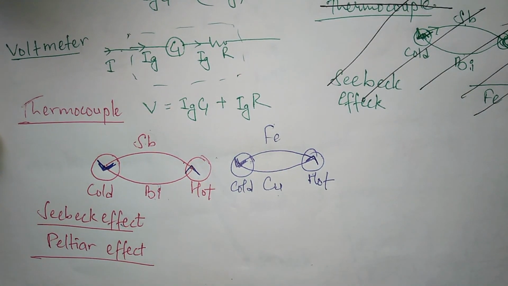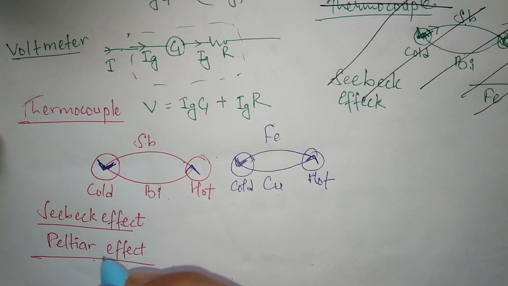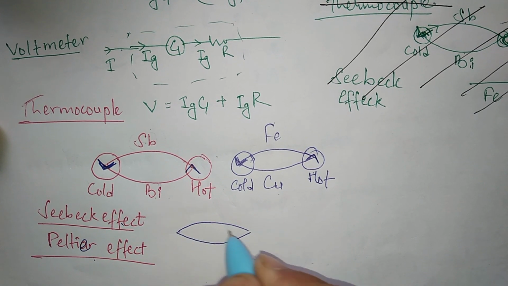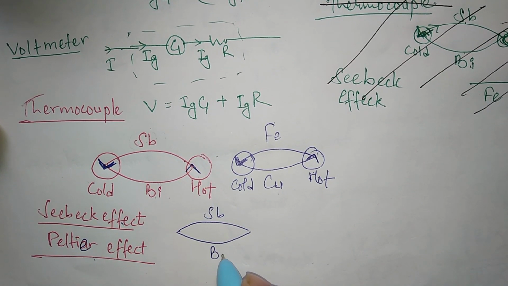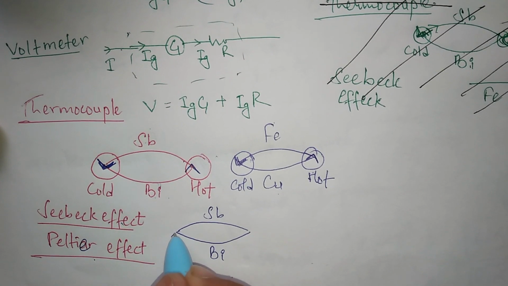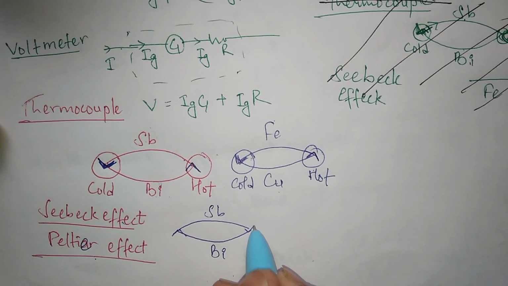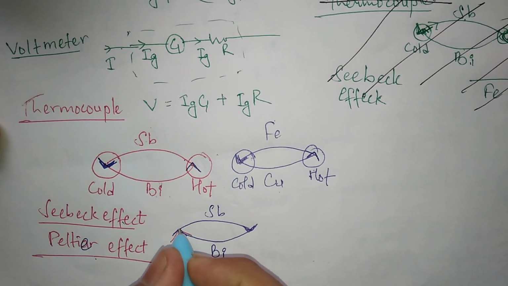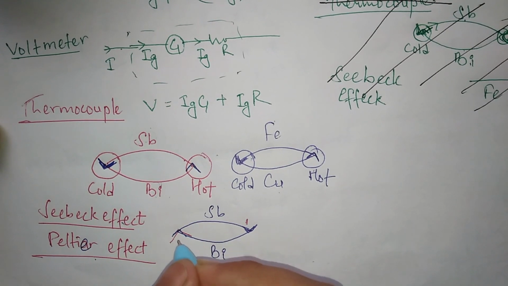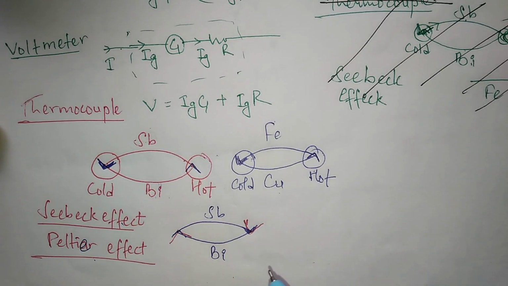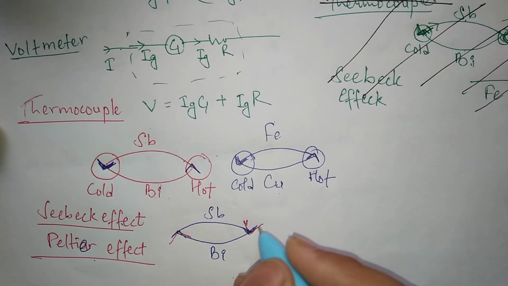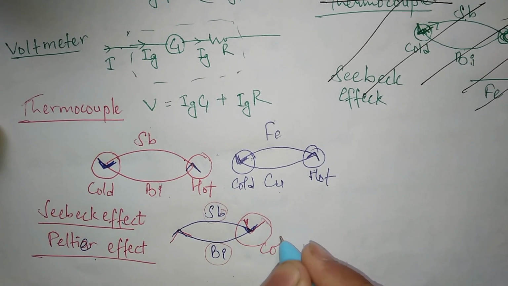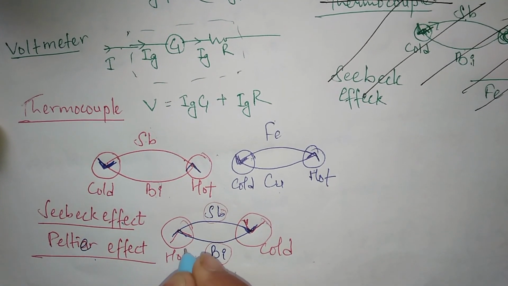This is the Seebeck effect. Then the Peltier effect: when there is a junction of two metals and current is passed through them, hot and cold junctions will be developed, like here going from antimony to bismuth, so it will be a cold junction and here a hot junction.